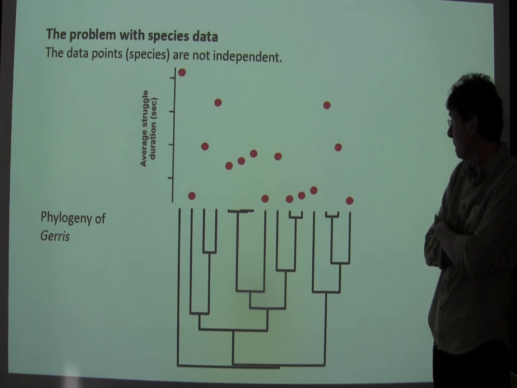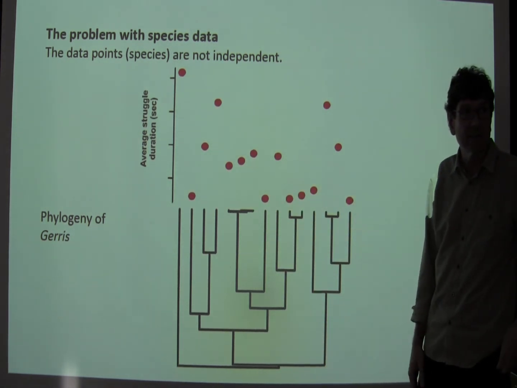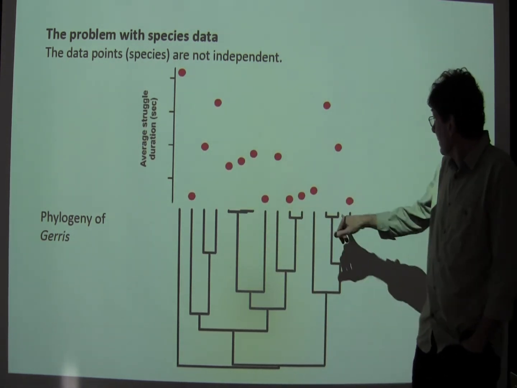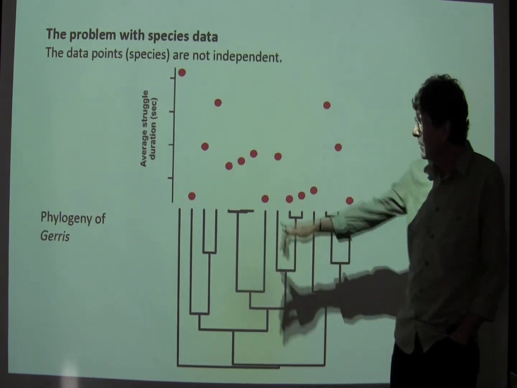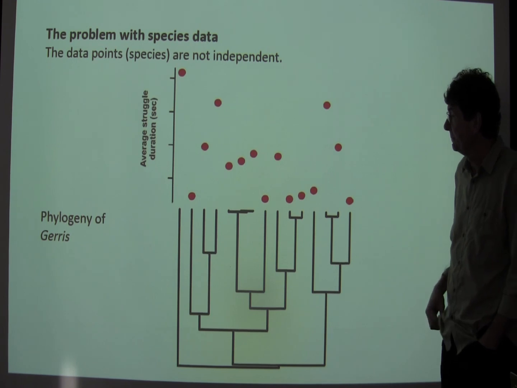And basically what that means is that some species are very closely related to each other. And other species are much more distantly related to each other.